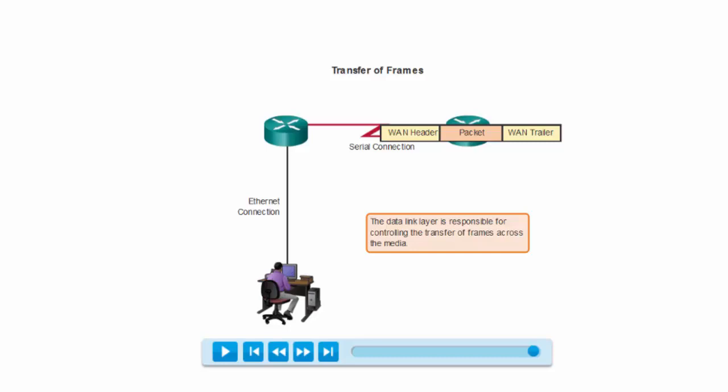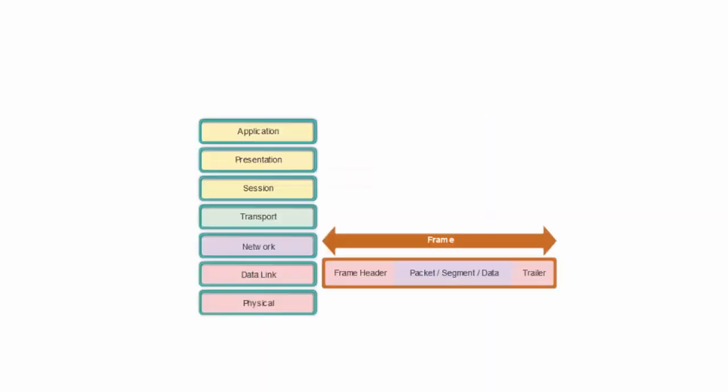Then it forwards the packet using the appropriate timing and coordination to facilitate the access of that medium amongst potentially multiple users, which is done through the MAC layer, as we will see later on.